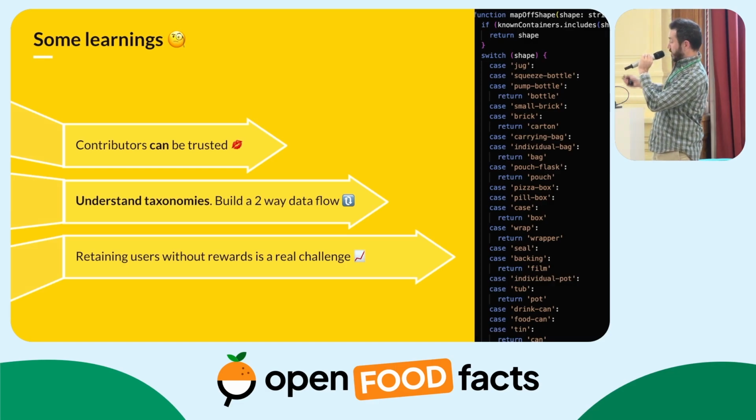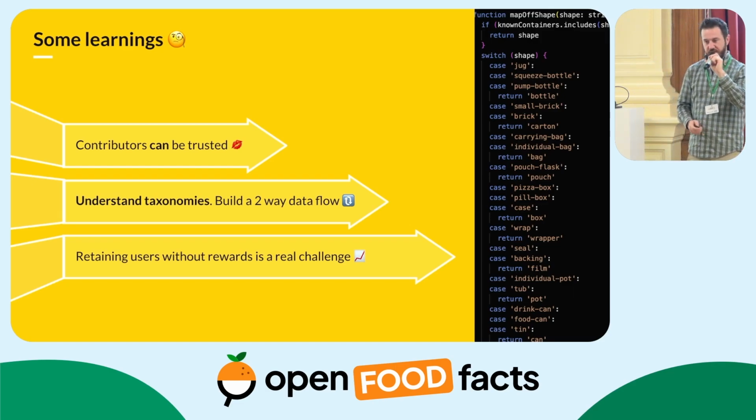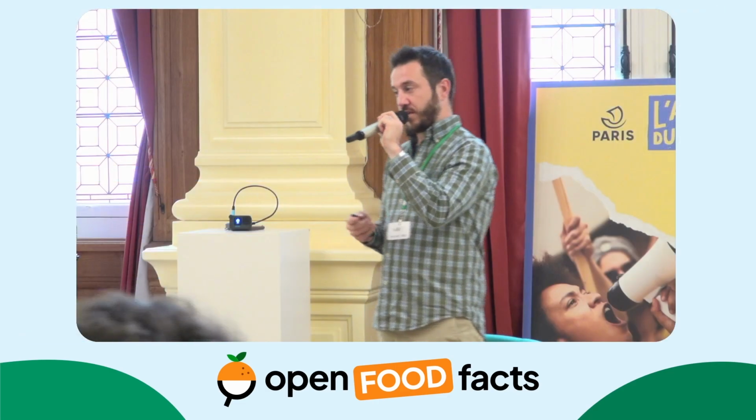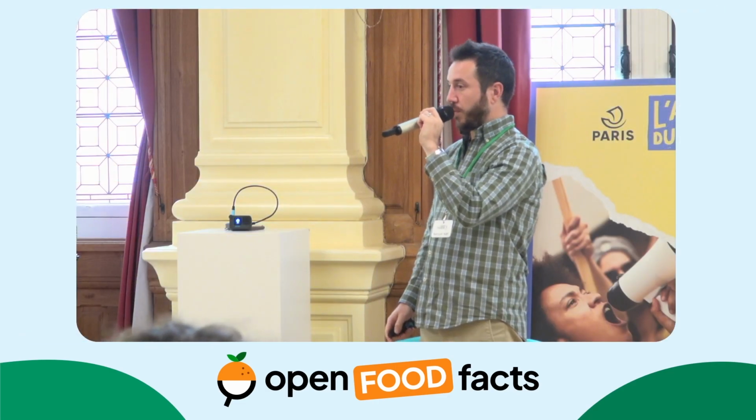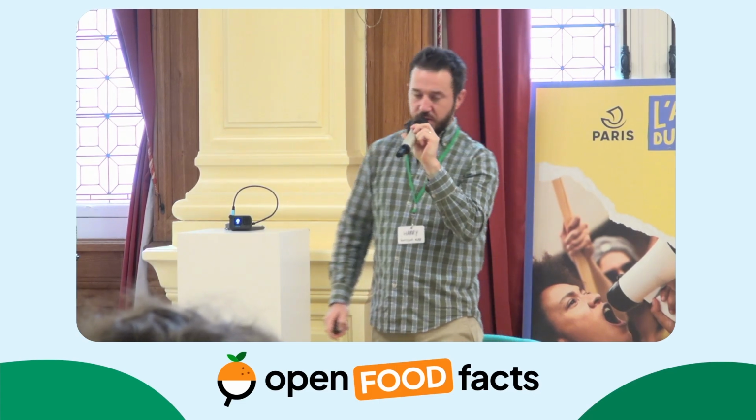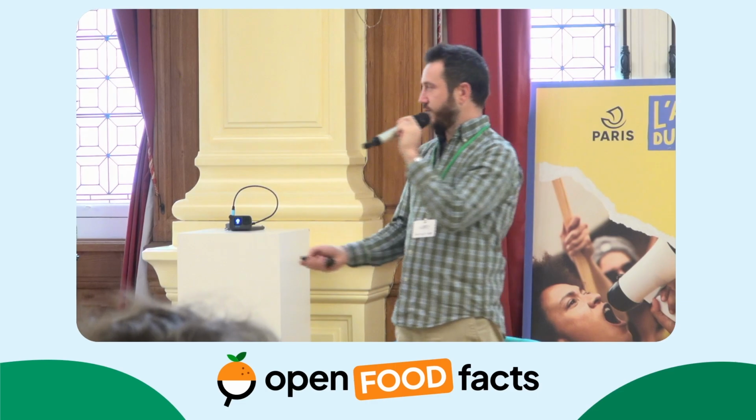I've put a screenshot of the code here on the right. Essentially, it means we can take advantage of all the other packaging on Open Food Facts which has not been input through the Horizon app, which gives us access to a lot more packaging information. We didn't do that at the start, but we should have, to build that kind of two-way data flow.